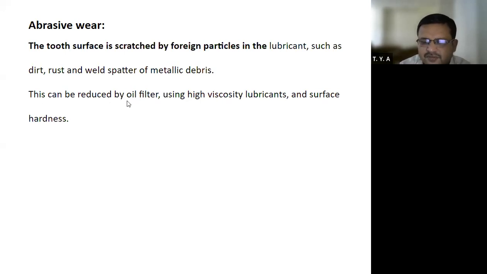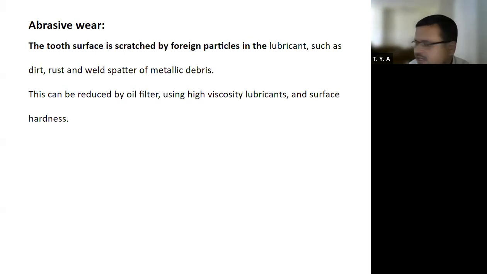This can be reduced by an oil filter, using high viscosity lubricants, and increasing the surface hardness of the gear teeth. The word increasing is not there, still you write it.